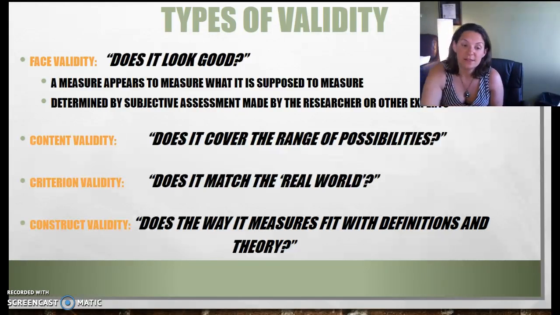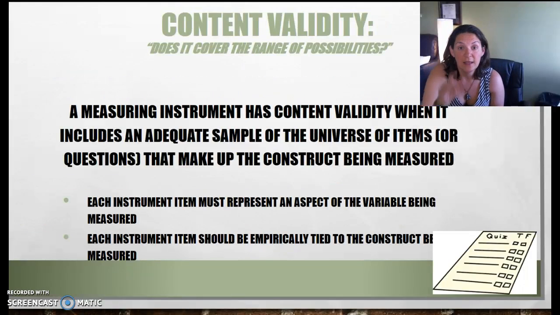Then we go to the next level, which is content validity. Content validity asks the question, does it cover the range of possibilities? The best example I can give you of this that will make sense to you are quizzes. In each module in this course, for example, we give a quiz, right?